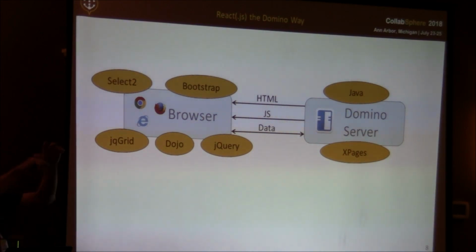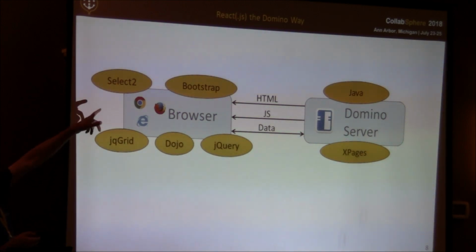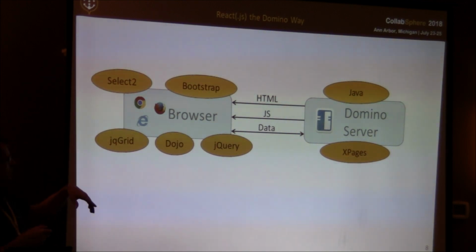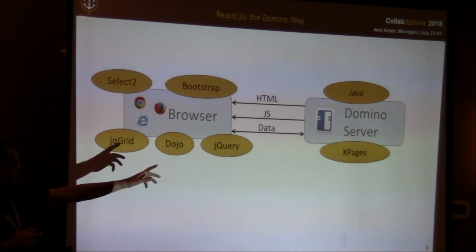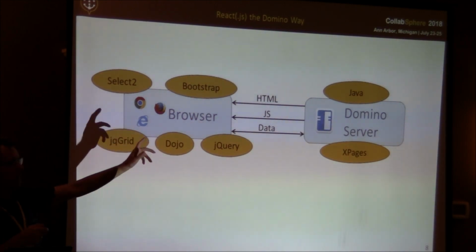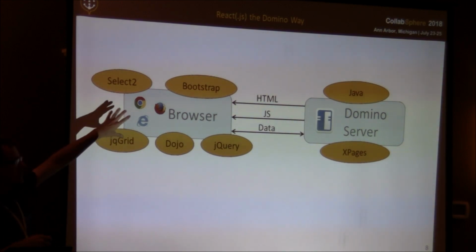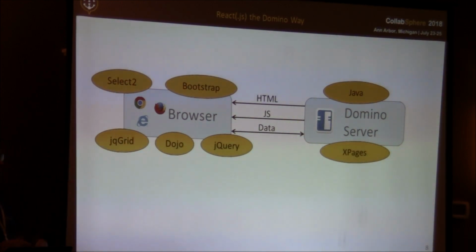That was a nightmare to develop all the nice grids, and Select2 for the select boxes, and Bootstrap. So we have now a real mix of stuff we develop for the server side with XPages, with Java, and it is kind of included in the Domino design. We have all this client stuff too, and the whole thing gets messy very fast.